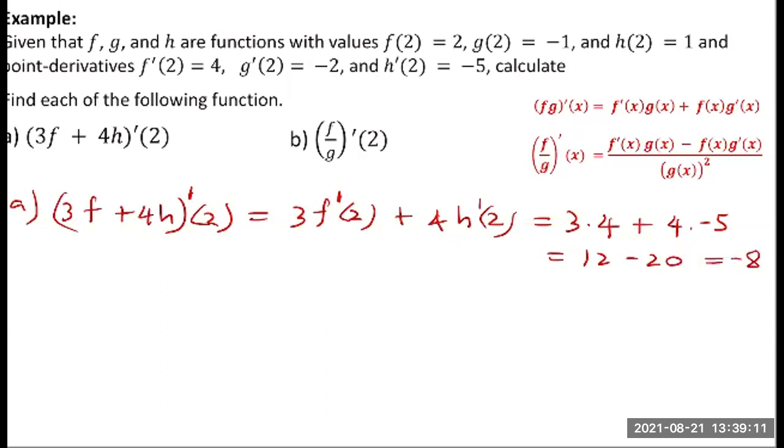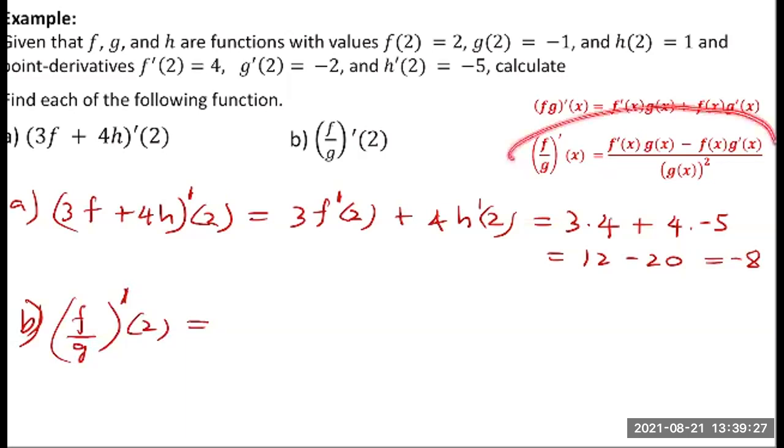Okay. Similarly, we can calculate the other expression, (f over g) prime of 2. Okay, this is the quotient rule, but we know the formula for the quotient rule. All you need to do is plug in x equal to 2, right? Because you have x equal to 2 here. You replace your x by 2.